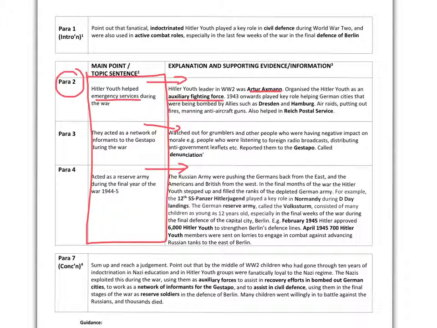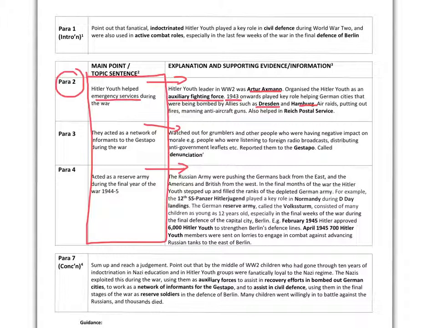Now the key point you want to make here is that from 1943 onwards, and I put that date there, the war was turning against Germany, and from this point onwards the Allies, particularly the British and the Americans, were bombing German cities regularly. In particular, precise details always help. There are 2 cities, Dresden and Hamburg, both of them shown there, that were very, very heavily bombed in 1943 through to 1944.